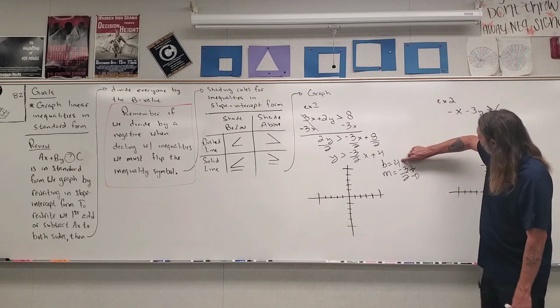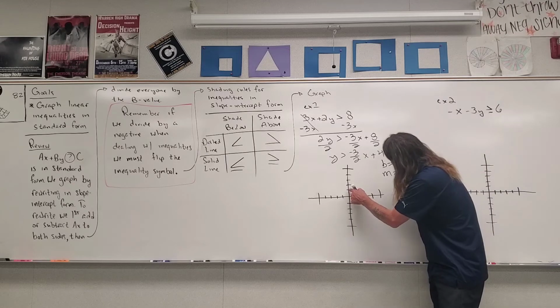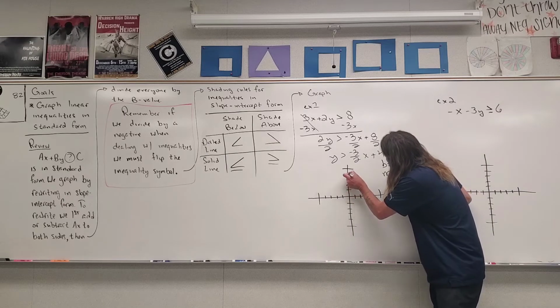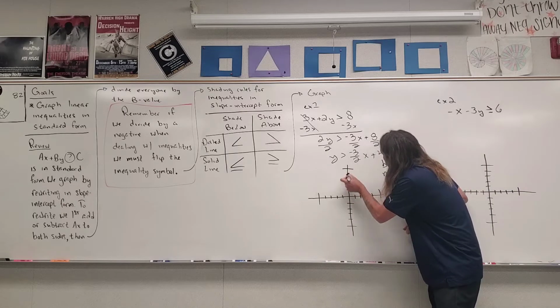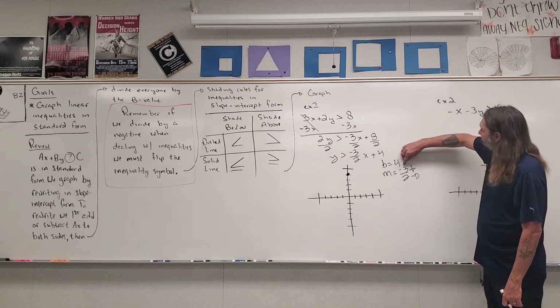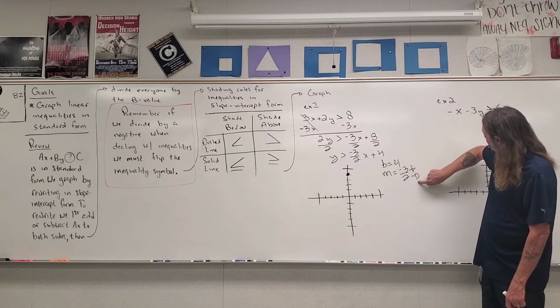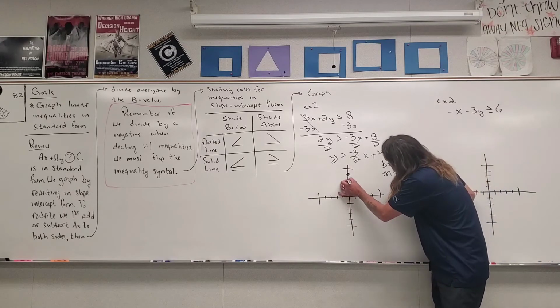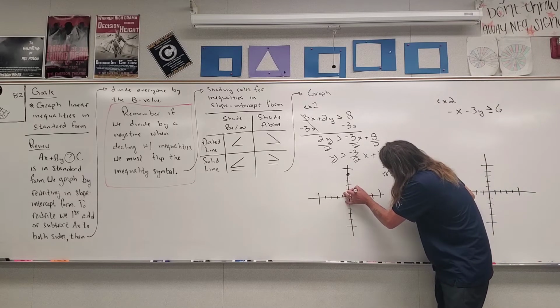So I begin at 4, so I'm going to find 4 on the y-axis, 1, 2, 3, 4. And I'm going to go down 3 because it's negative, and I'm going to run to the right 2. So 1, 2, 3, 1, 2. I'm going to put my dot there.